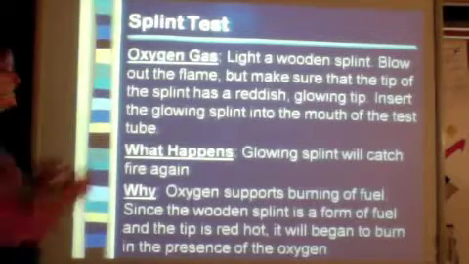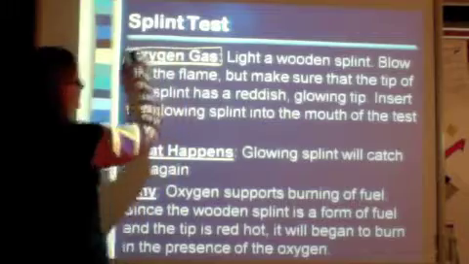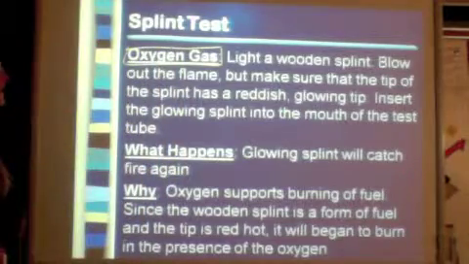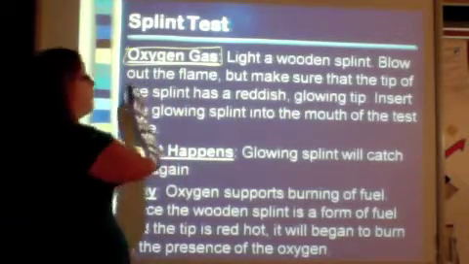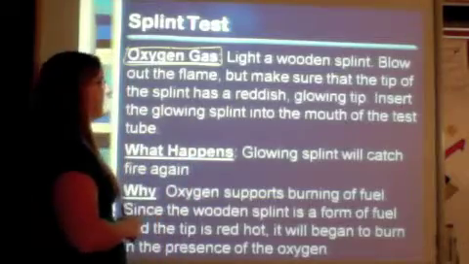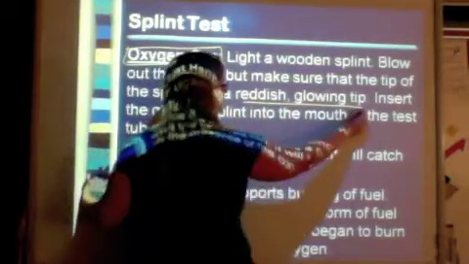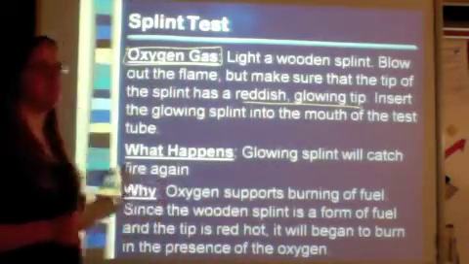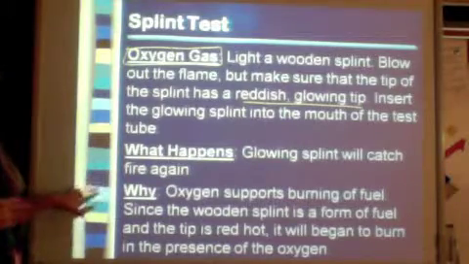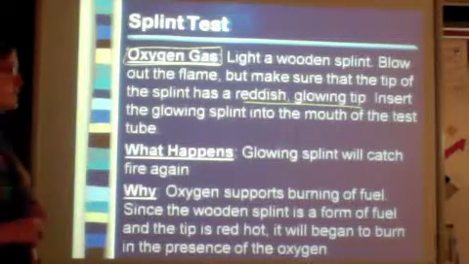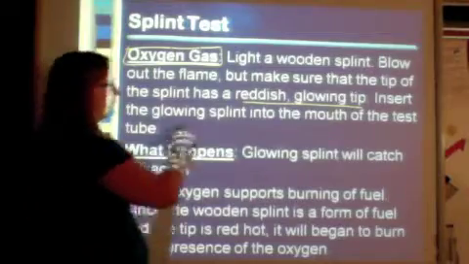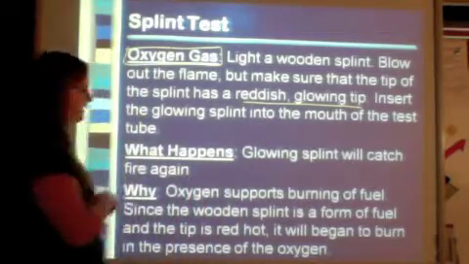So for oxygen gas, to tell if you have oxygen gas or not, you light a wooden splint, blow out the flame, but make sure that the tip of the splint has a reddish glowing tip. That sort of orange, you can tell it's super hot, but it's not really bursting out in flames piece. And then insert the glowing splint into the mouth of the test tube.